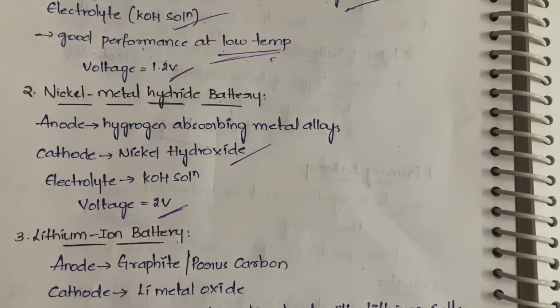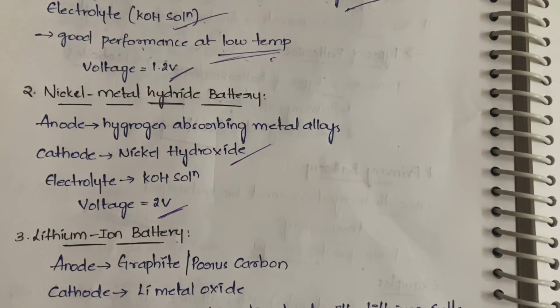Next is the lithium-ion battery. Lithium-ion battery is the most popular type of battery. It is the battery which we will be using in our mobile phones. Okay, so the anode is graphite or porous carbon, and the cathode will be lithium. Lithium metal oxide will act as a cathode, and graphite or porous carbon will act as anode. And the electrolyte solution is aqueous solution dissolved with lithium salts.